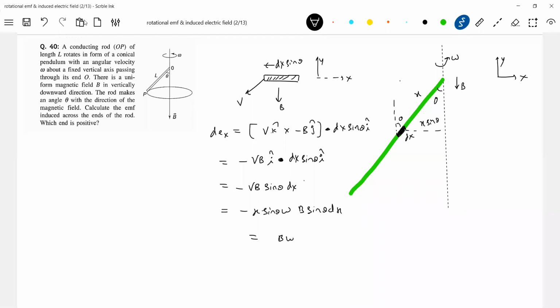Then everything should be equal to B omega sin square theta x dx, integrated from 0 to L. Let me take it R, R is along the length of the rod. x is horizontal. So the result should be equal to B omega sin square theta L square by 2.